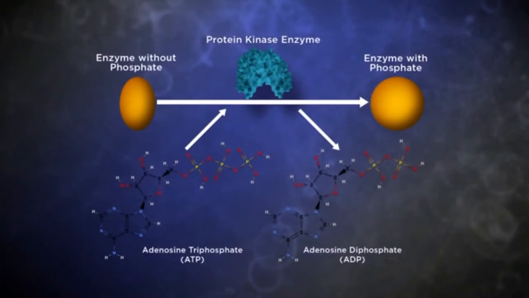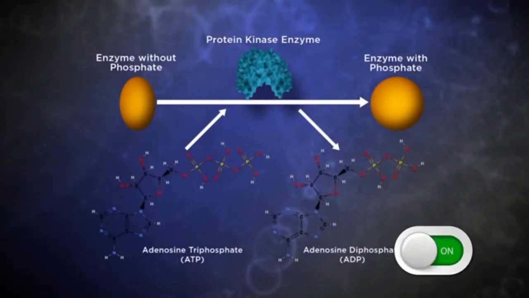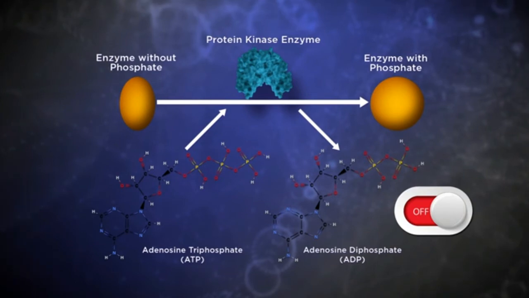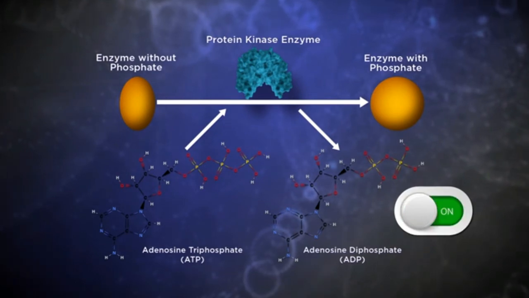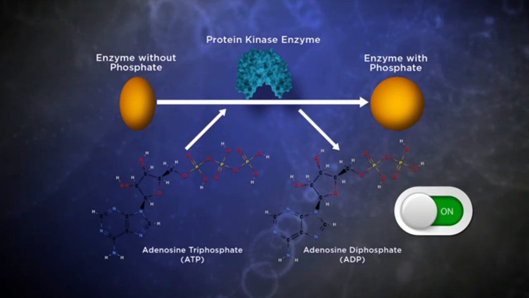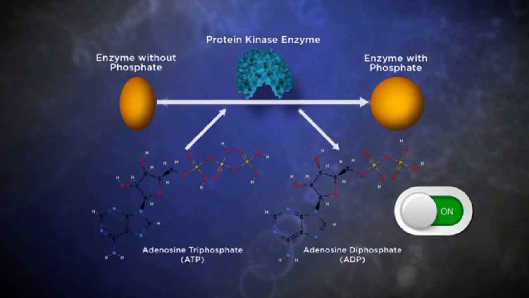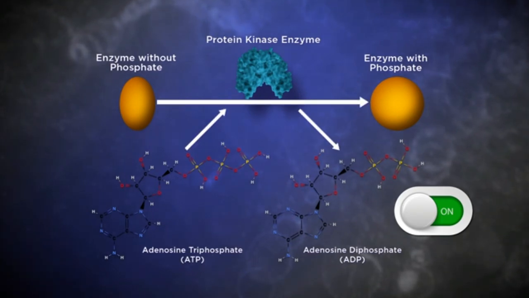Another common mechanism for enzyme regulation also acts like an on-off switch, but in this case, the switch is reversible, without needing an inhibitor protein to cover the active site. Now, how it works depends on the covalent addition or removal of what is usually a phosphate to the enzyme.